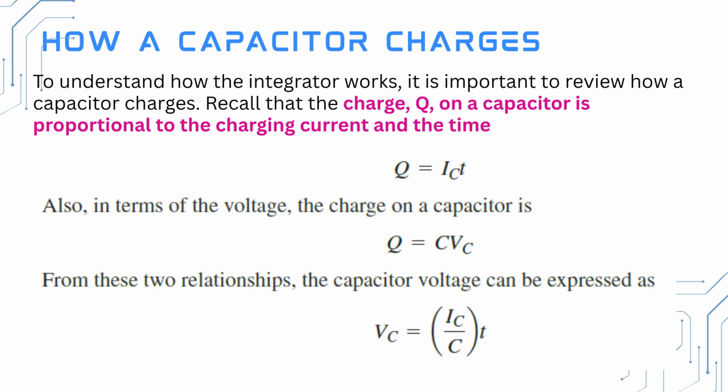Q is equal to C times V sub C. And then from these two relationships, makakabuo tayo ng formula to get the capacitor voltage. So here, V sub C is equal to I sub C all over C times t.